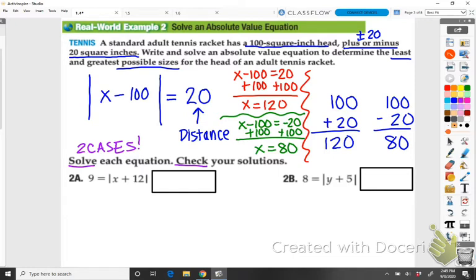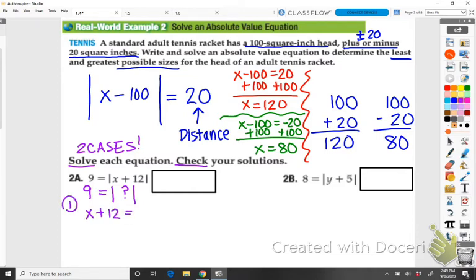So the absolute value of x plus 12 equals a positive 9. Realistically, you're thinking of what two numbers could be inside to give you a 9. You should know those two answers are either a positive 9 or a negative 9. The absolute value of a positive 9 or negative 9 is a positive 9 distance. So we're going to set what's inside here, the x plus 12.